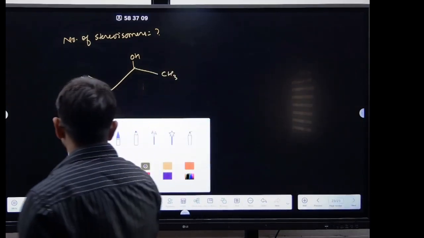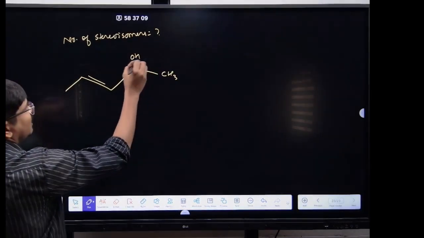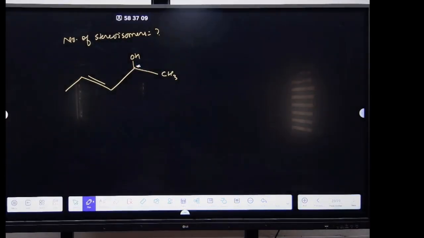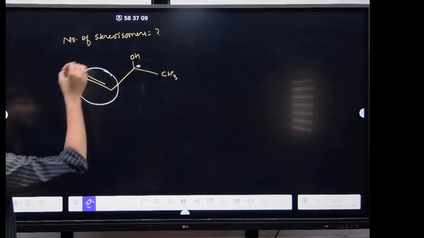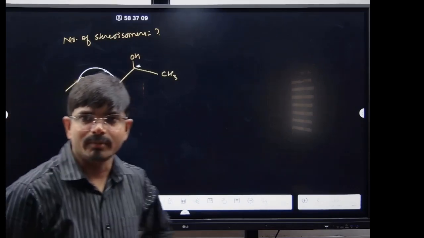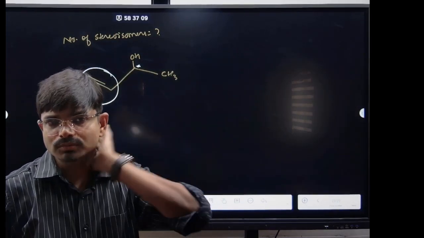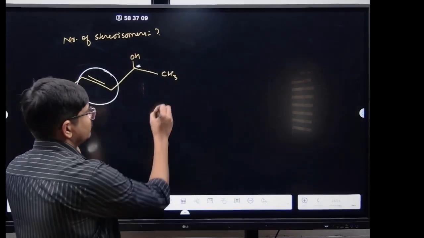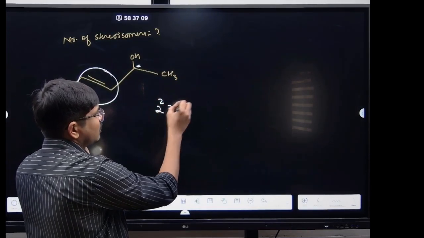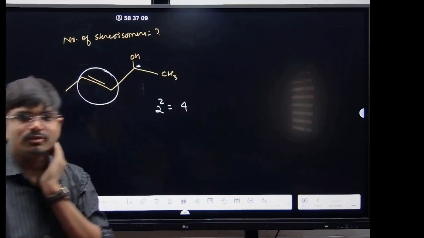See here, this is the carbon, this is the chiral carbon, isn't it? Here also it can be cis as well as trans. So how many possibilities? 2 into 2. So the number of stereoisomers will be 2 to the power 2, that is 4 stereoisomers.